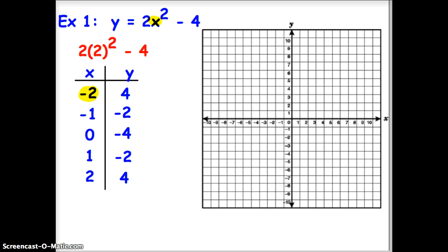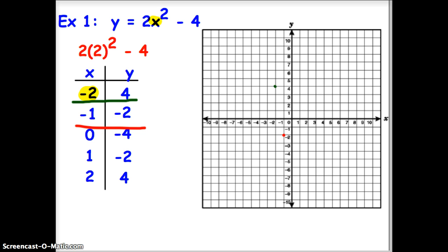So that was step 2. Step 3, we need to graph these ordered pairs. So the first ordered pair is negative 2, 4. So left 2, up 4, make a dot. Second ordered pair is going to be negative 1, negative 2. So left 1, down 2.